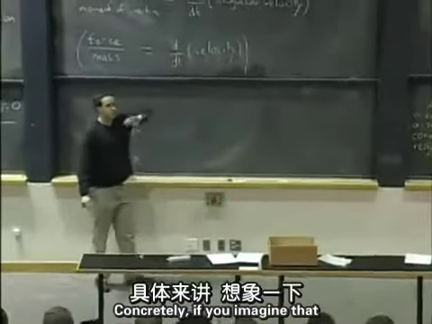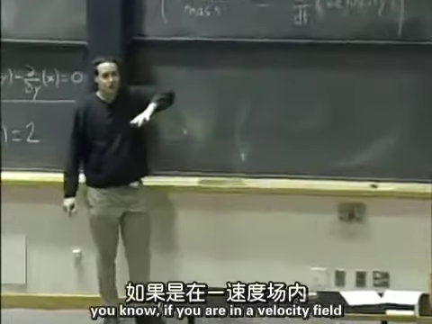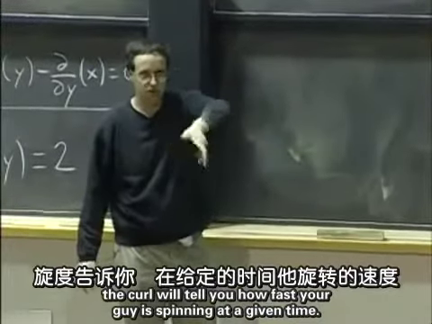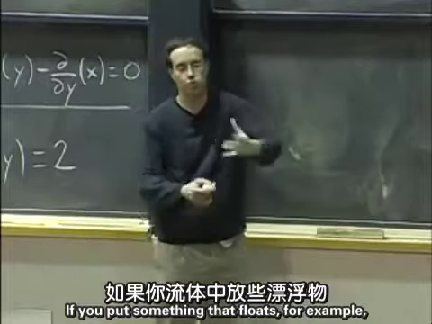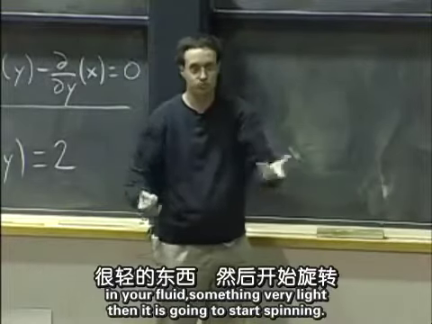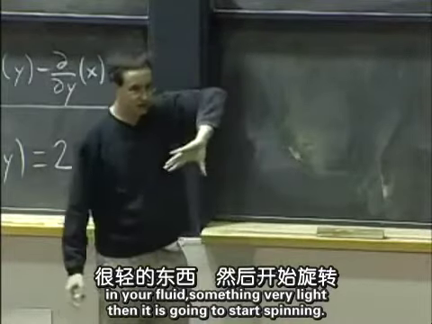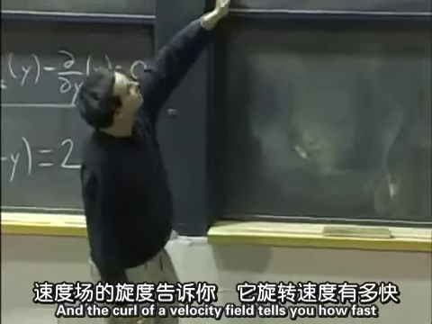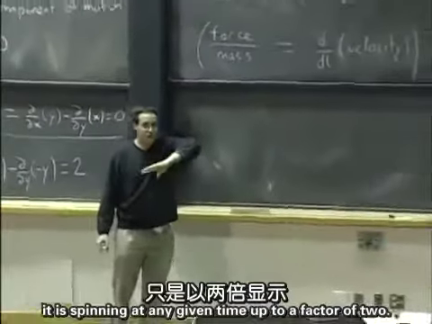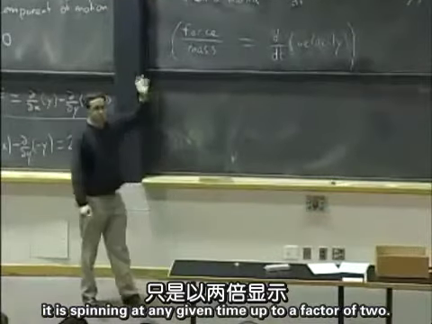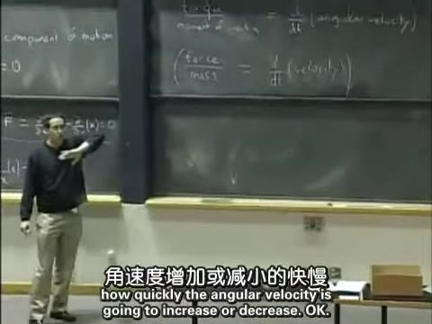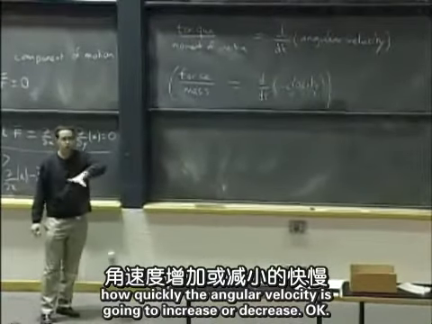So concretely, if you're in a velocity field, the curl will tell you how fast your object is spinning at a given time. If you put something very light that floats on your fluid, then it's going to start spinning. And the curl of a velocity field tells you how fast it is spinning at any given time, up to a factor of 2. And the curl of a force field tells you how quickly the angular velocity is going to increase or decrease.